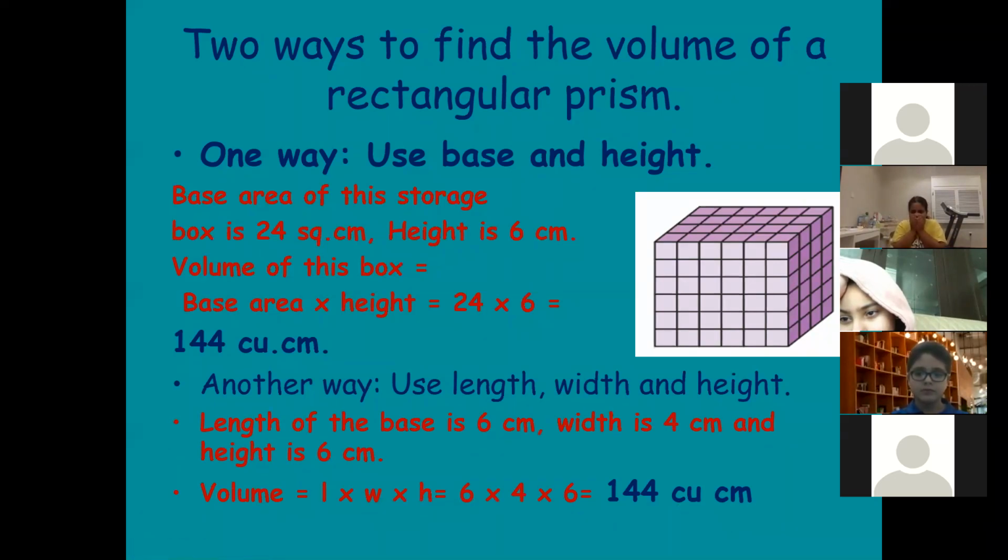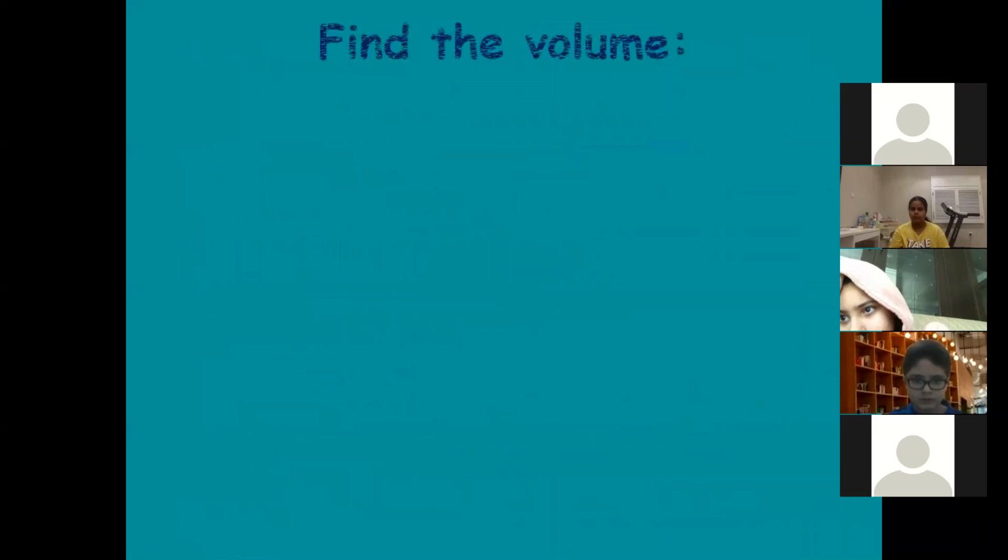You can find it in both ways: one, using the base area and the height, and the second way, using the length, width, and the height. Did you understand? Okay. You understood how to find the length, width, and height? Yeah.